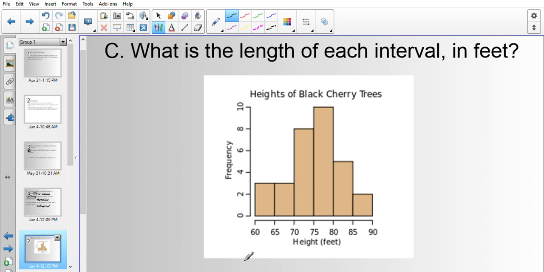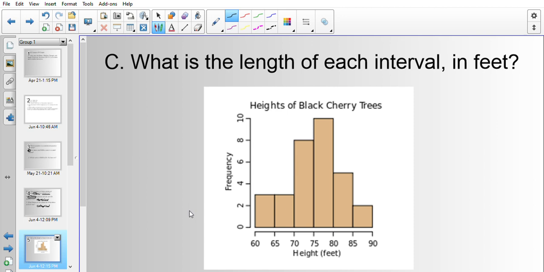So part C here is looking at a histogram, and the question is, what is the length of each interval in feet? Well, remember the interval is going to be found on the x-axis. So the interval is the width of this rectangle. And what is the width of this rectangle?